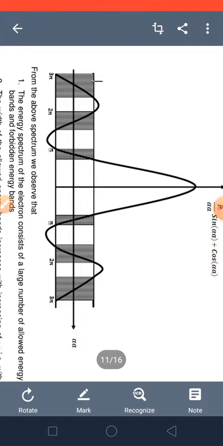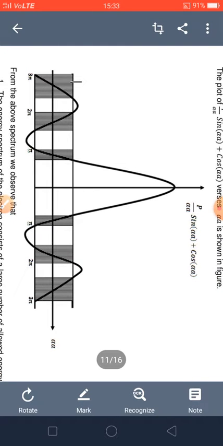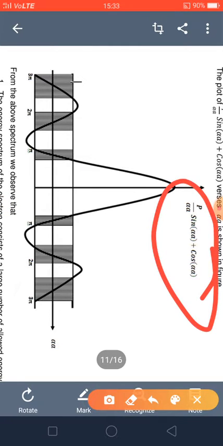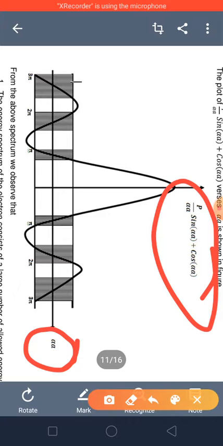The explanation of this plot is that it is a plot between P by alpha a sin alpha a plus cos alpha a and alpha a.